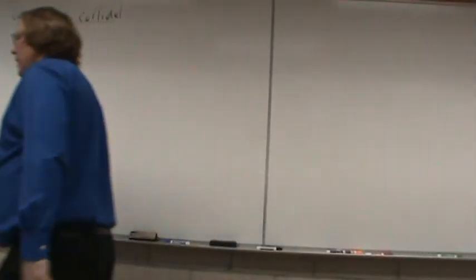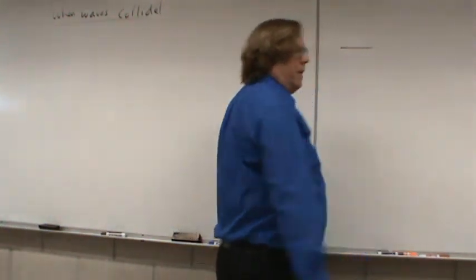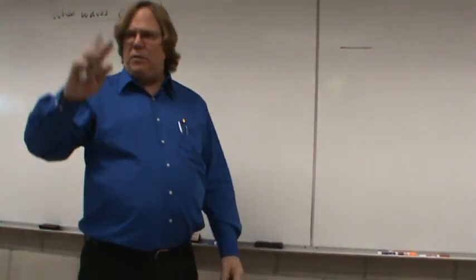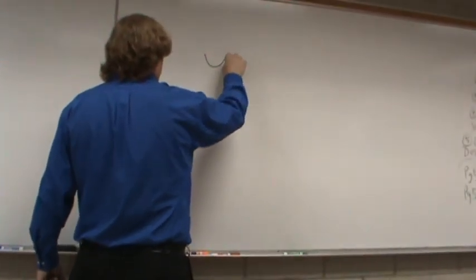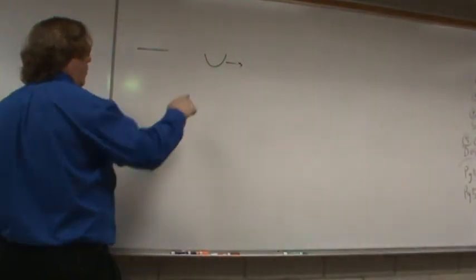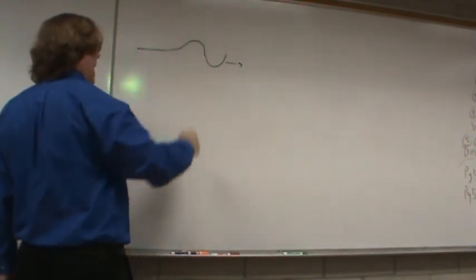I need to show you, I took a slow motion movie of this last year. Here's what's going to happen. A student is going to send a pulse to me, and the student is plucking down, which means he plucks down so that the leading edge of the pulse is downward. But when you pluck down, it makes the trailing edge go up.